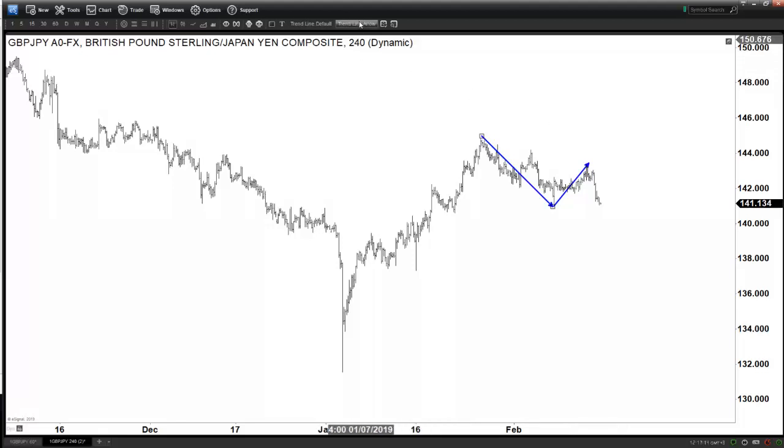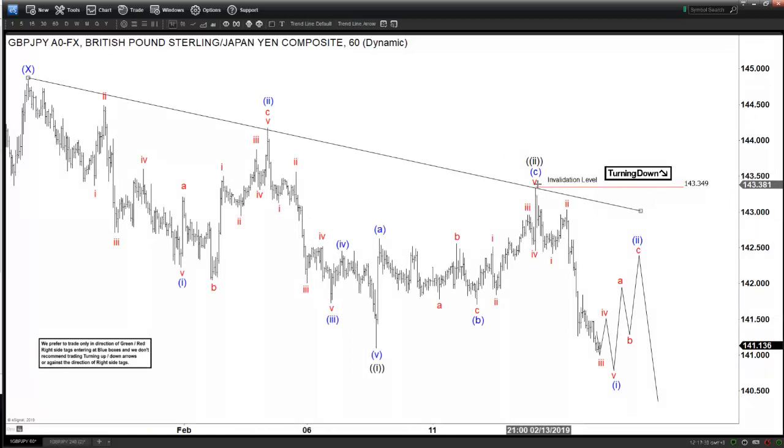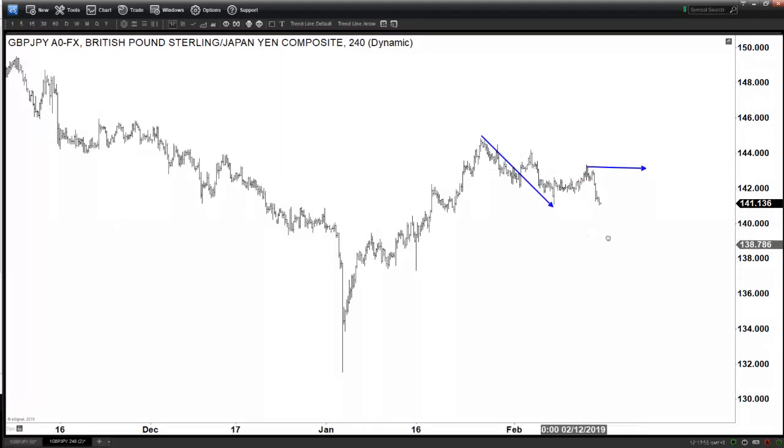It doesn't really change the idea that we got what looks to be a lower low sequence, or incomplete bearish sequence from this peak, and therefore as far as the pound stays below the previous high here, which is this level 143, then we should be looking for the downside, as far as the rally or the pound stays below 143.35 over here in the pound yen.